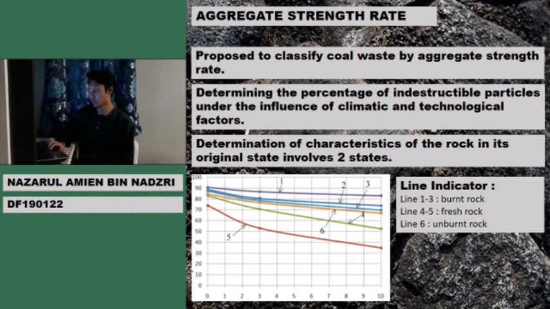For the result, we can conclude that the burnt rock has the highest strength rate, in the range of 70% and above, and the lowest rate is fresh rock. So that's all for the literature review of aggregate strength rate.